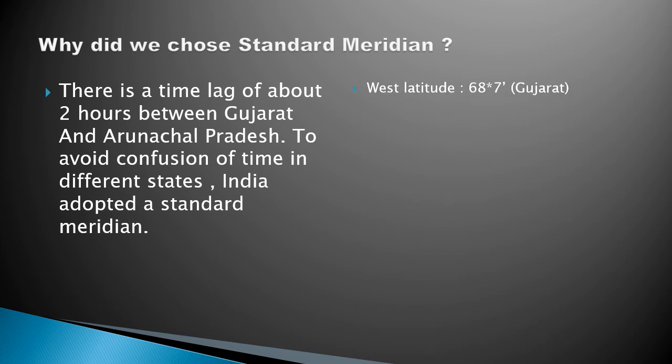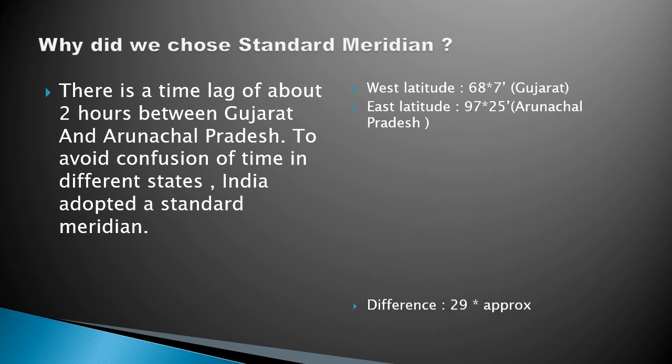When we see the west longitude of Gujarat, it is 68 degrees 7 minutes. And the east longitude of Arunachal Pradesh is 97 degree 25 minutes. Now let us take out the difference. It will approximately be 29 degrees, which ranges around 30 degrees.